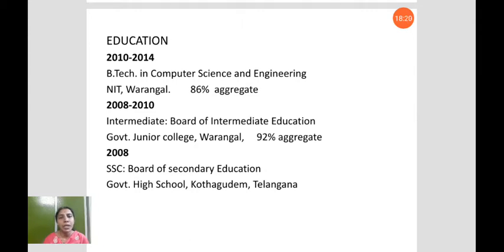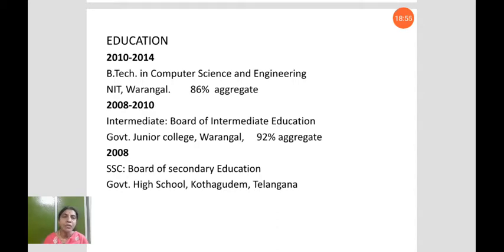Prior to that he studied intermediate, Board of Intermediate Education, Telangana, at Government Junior College Warangal, and he got a 92% aggregate. Nowadays we have GPA, so for SSC you can mention your GPA also.